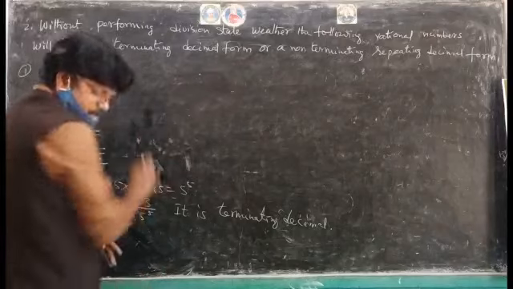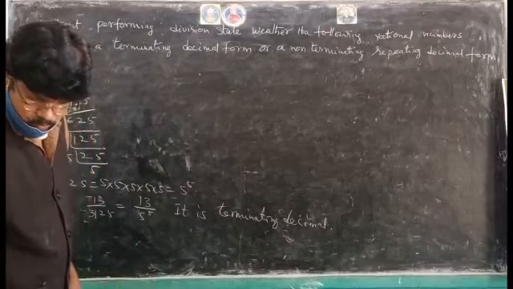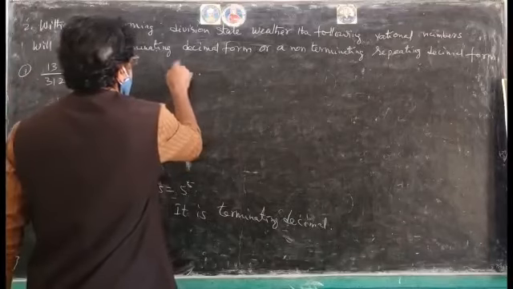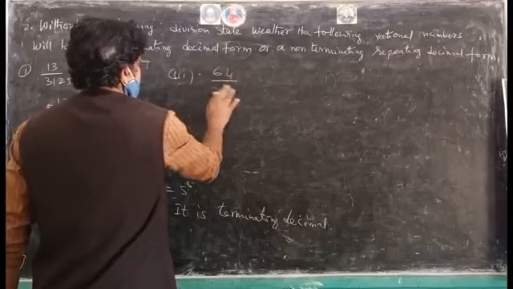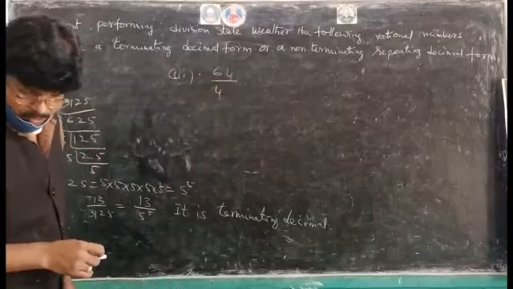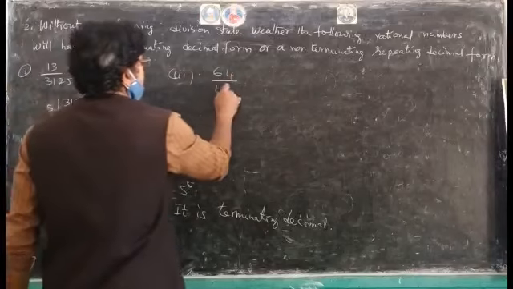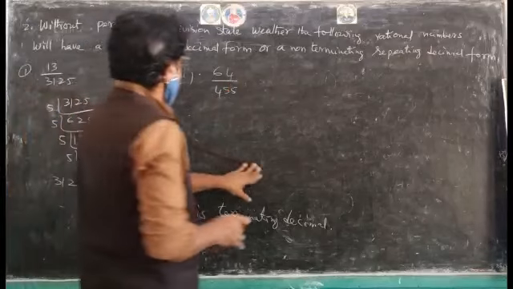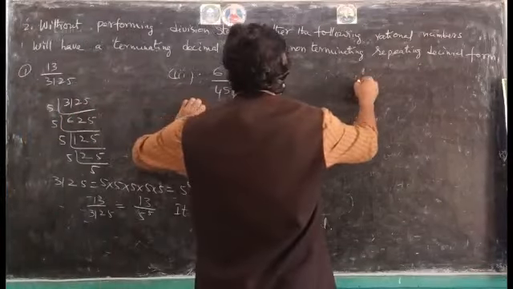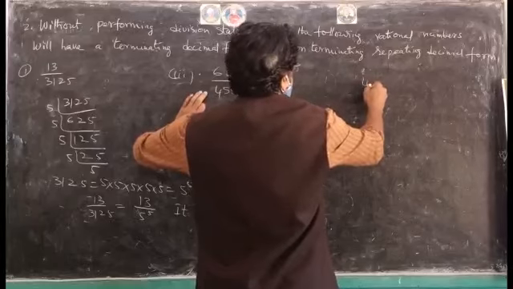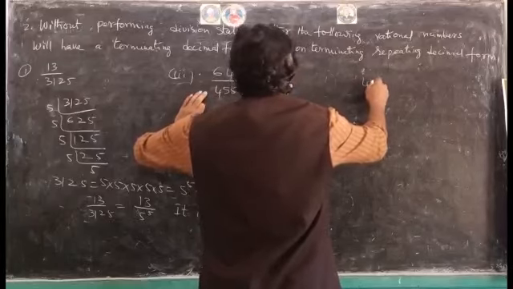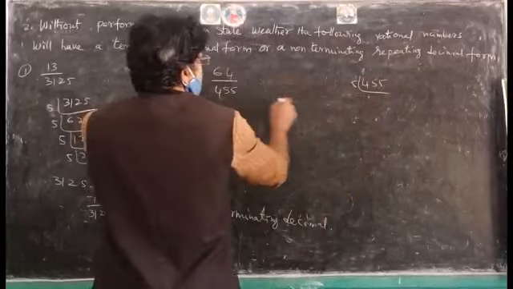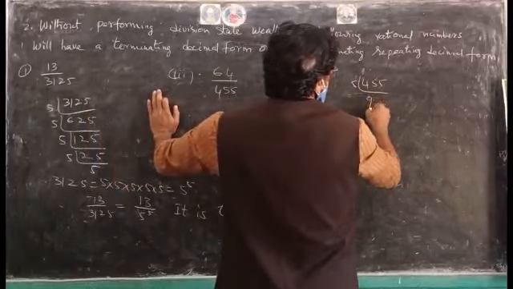And again, third, 64 by 455. For 455, check once: can we write it as 5 power m or 2 power n? 455, 5 9s are 45, 1 5.